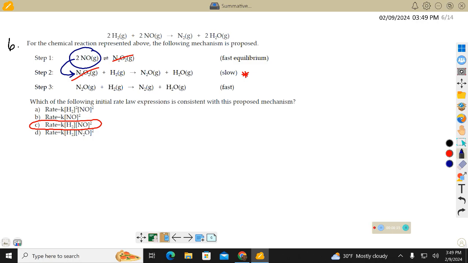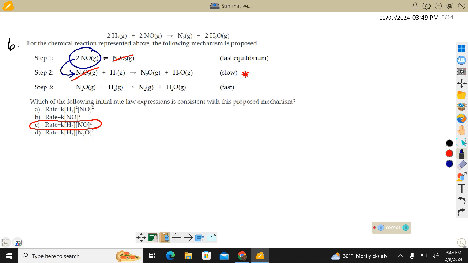So it's step 2. And normally then we would write a rate law based on the molecules colliding of that slow step. The only problem here is that the slow step involves an intermediate. And we can't study intermediates. We don't have control over intermediates in the lab. So we don't put them in our rate law expressions.